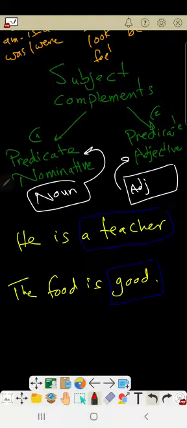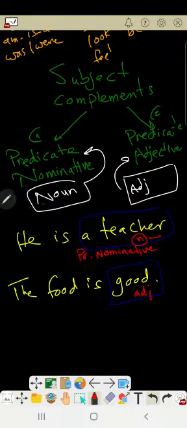But we haven't said what type of subject complement. The part of speech of the word teacher here is a noun. The part of speech of the word good is an adjective. So which one is going to be predicate nominative? This one. So teacher is predicate nominative. Why? Because the part of speech of the word is a noun, and the predicate nominative should be a noun.